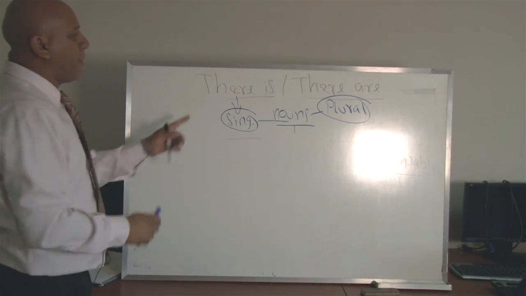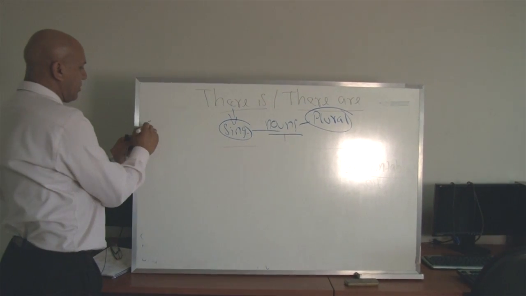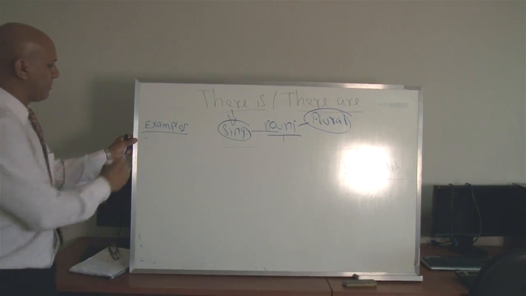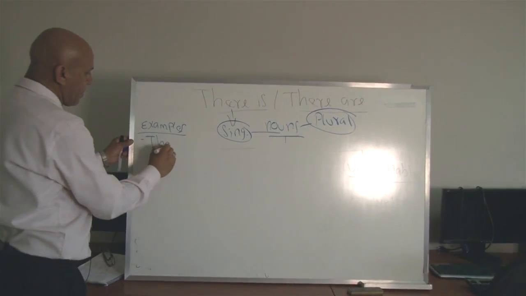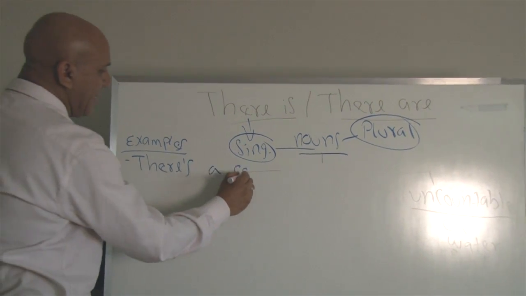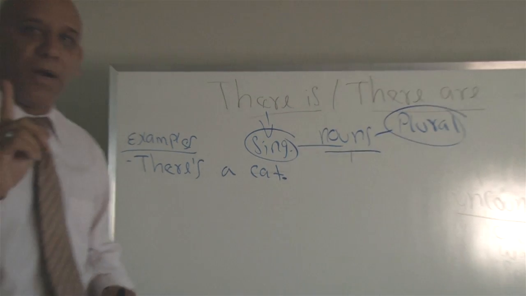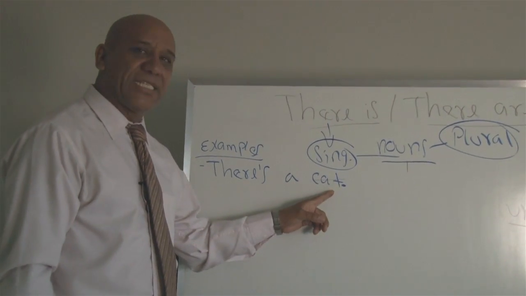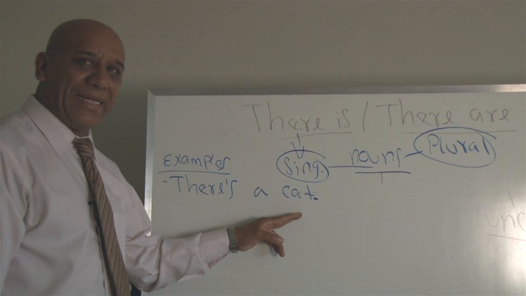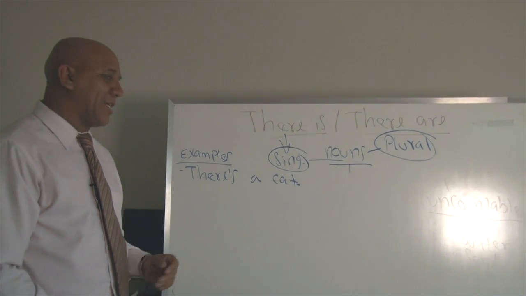We said there is. Examples. There is a cat. I'm talking about one thing, so cat is singular. I have to say a. So there is a cat. This is the contraction of there is, so there's a cat.